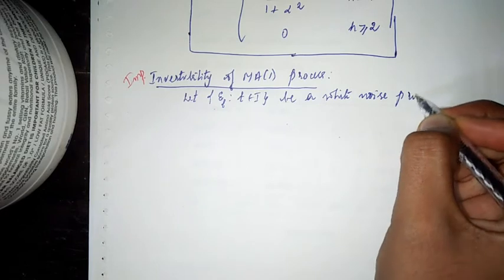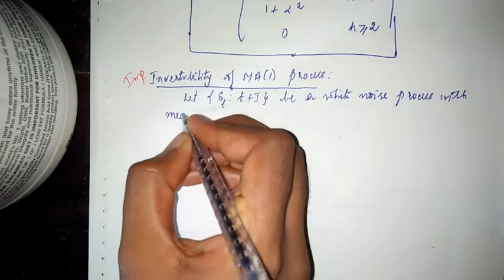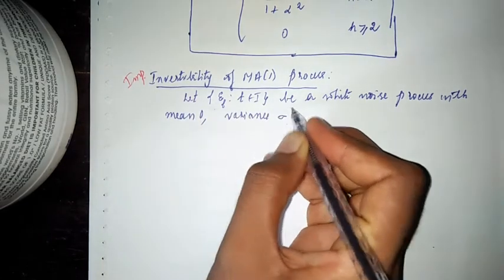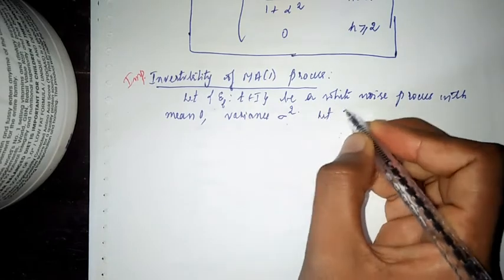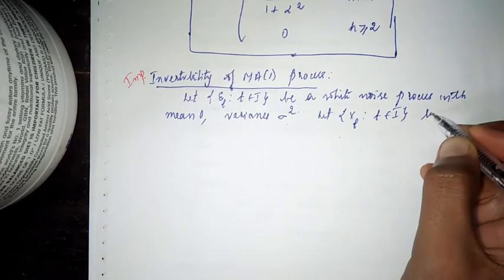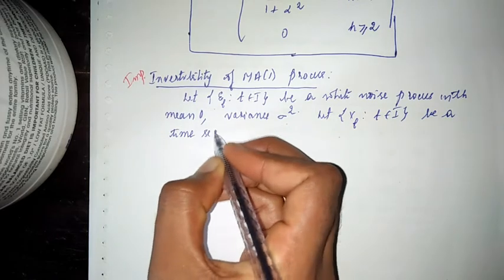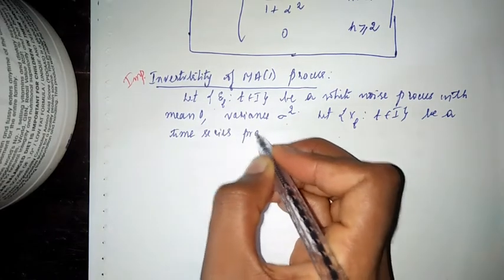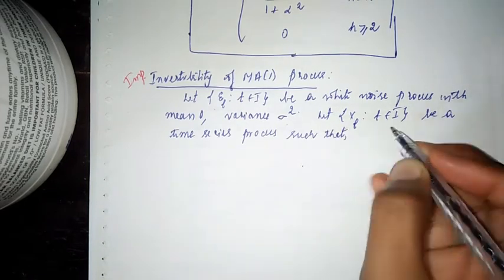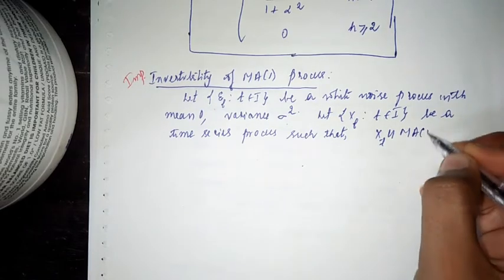So what is the mean? With mean 0, right? With mean 0 and variance. So what is the variance? It is sigma square. Let xt be a time series process such that, so what is the first one? We assume that xt follows the moving average process of order 1.